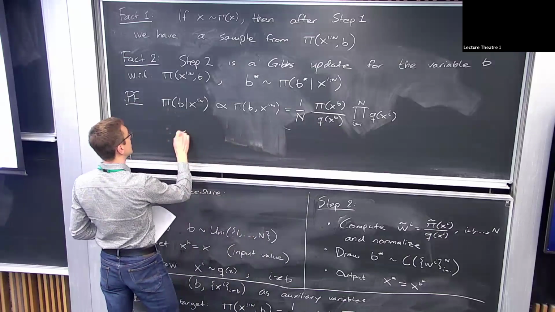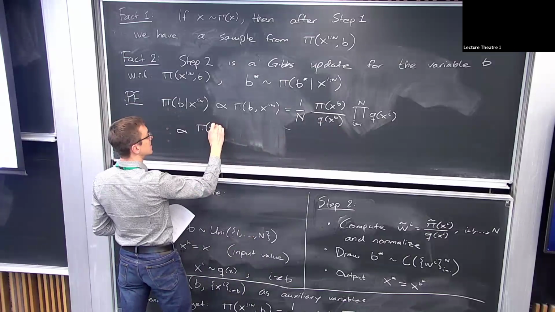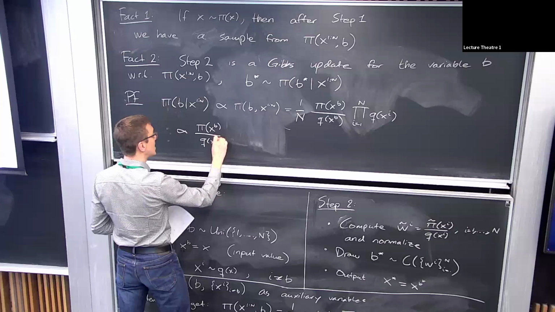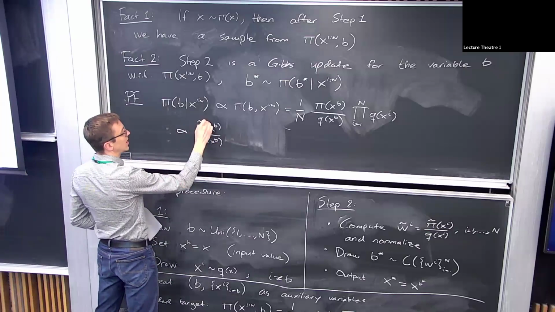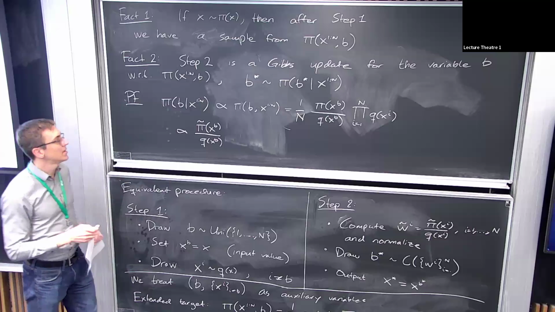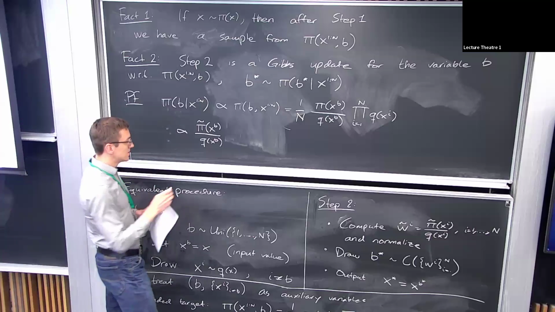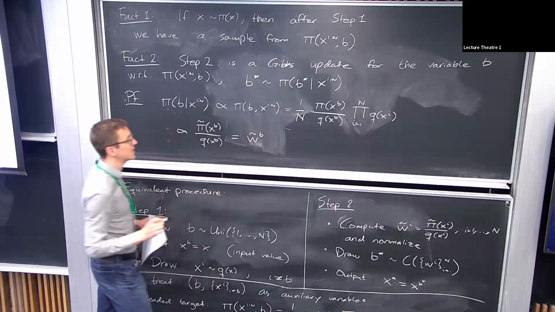So this is proportional to π(x) divided by q(x). And even more so, we can plug in the unnormalized target here. We're just working with proportionality anyway. And this happens to be the importance weights. So this is going to be equal to the unnormalized importance weight.